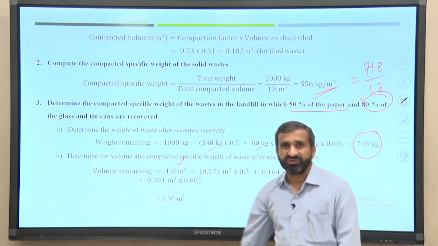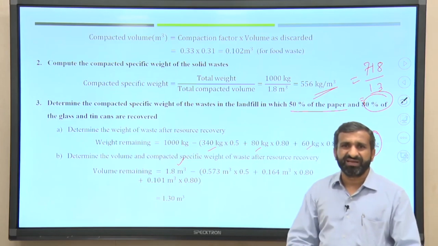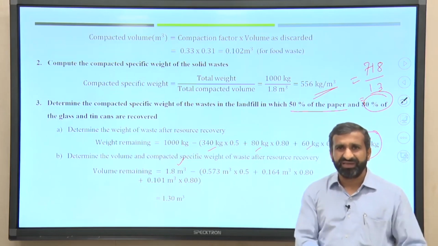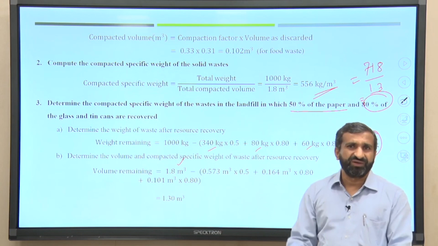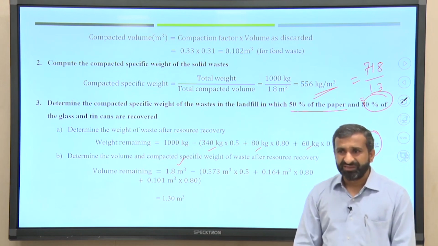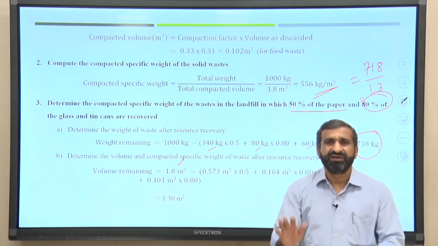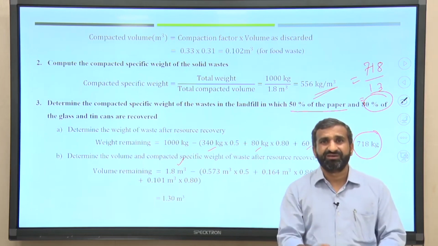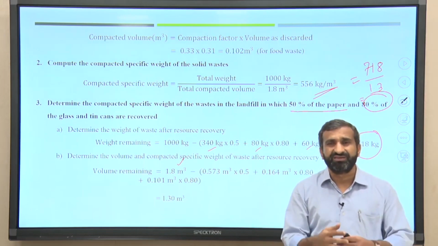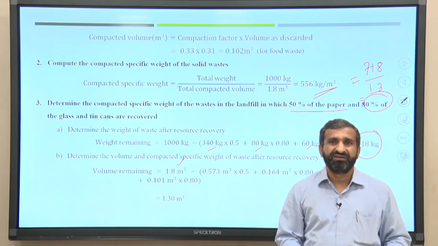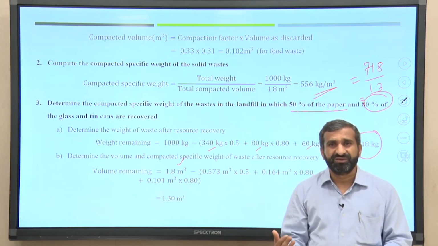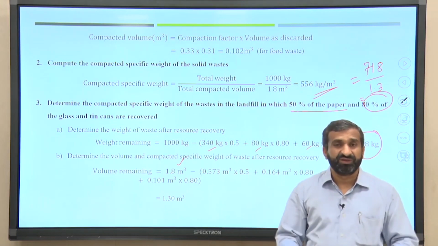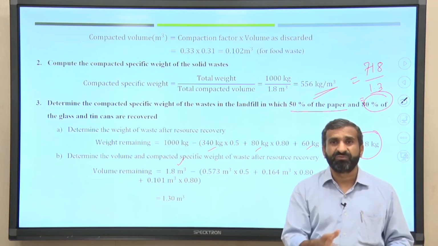I think these are very simple examples to calculate the area and also the specific weight of the waste. By this way we can calculate how much area will be required and how much the specific weight will be for compacted waste, if you have the proper data.